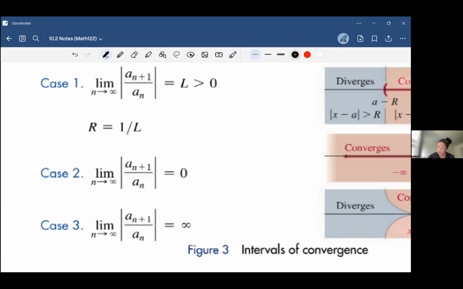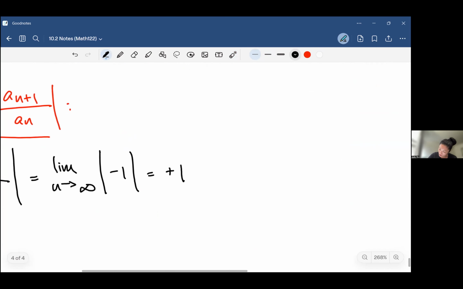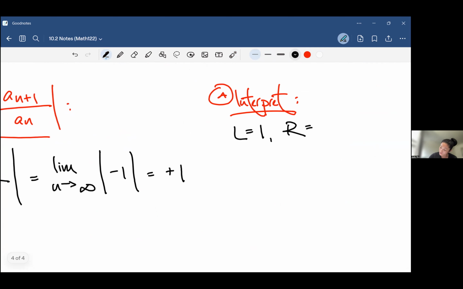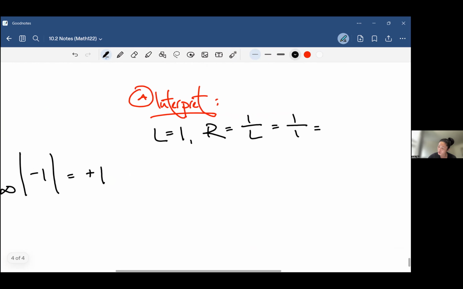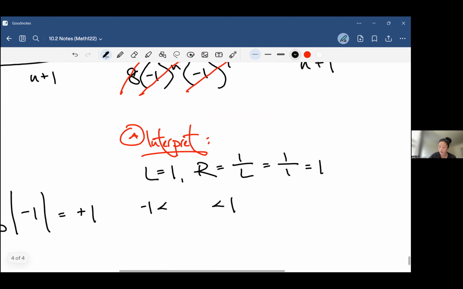Okay, so let's interpret our results. All right, so our limit is 1, which means our radius of convergence is 1 over L, or just 1. But when we set this up, we're going to have negative 1 and positive 1, but it's not just x going in here.